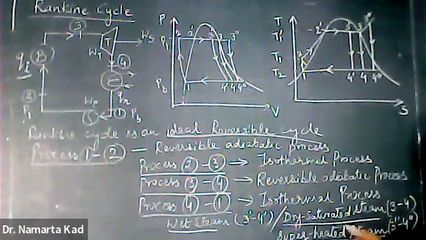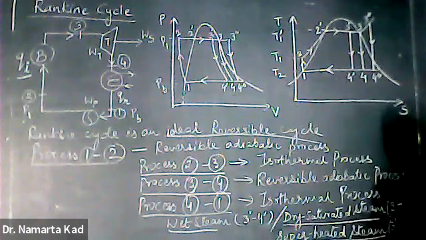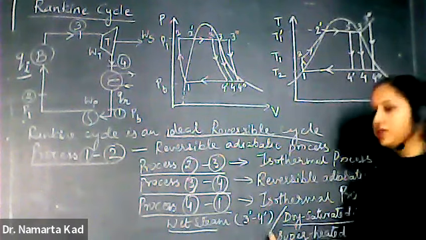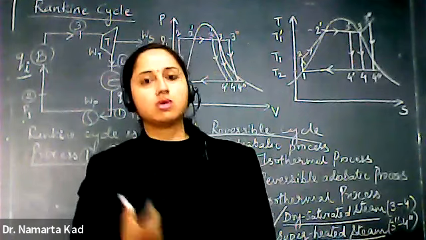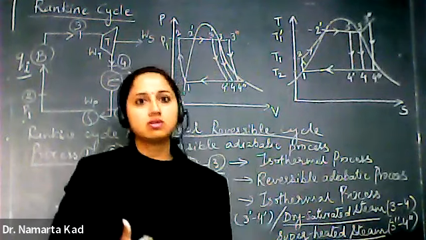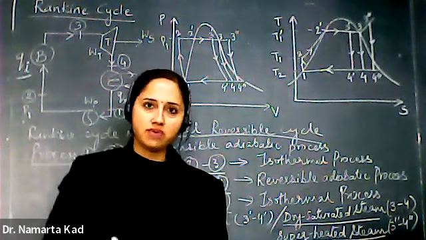So this is the main difference between the Rankine cycle and the Carnot cycle: different categories of steam are available, or the quality of the steam may be varied in the Rankine vapor power cycle.